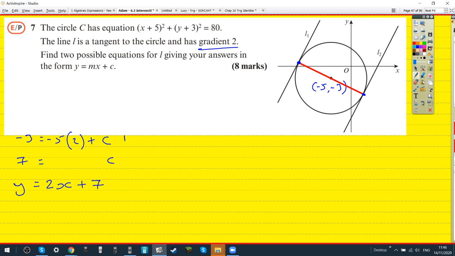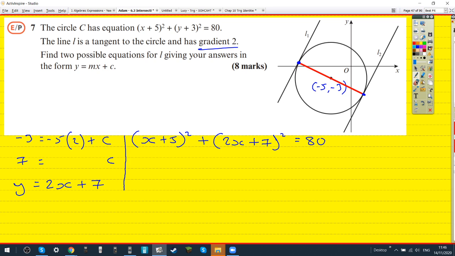Oh, yeah. So it'd be written out as (x plus 5) squared add (2x plus 7 plus 3) squared equals 80. Then you add 7 and 3 to simplify. So it'd be (2x plus 10) squared equals 80.